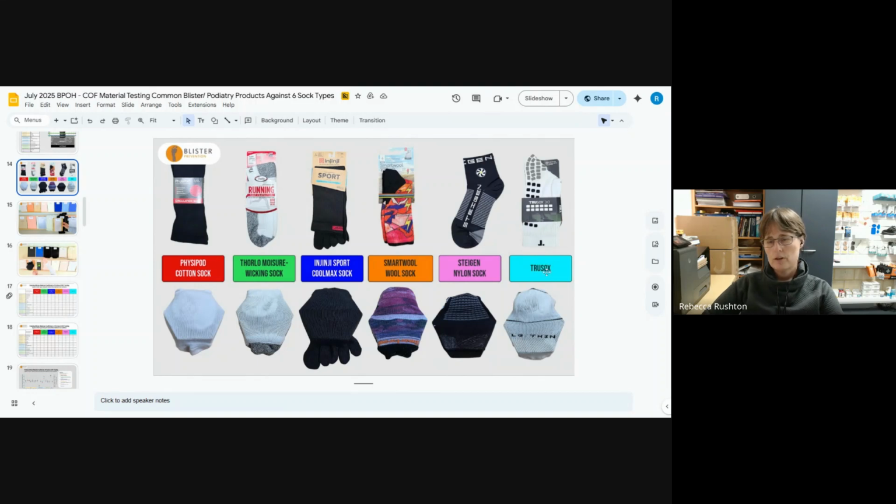And True Socks, don't know if you know about these, but these ones are built for high coefficient of friction. They're built for grip. They're used by soccer players, footy players, and netballers. And they have these little silicone rectangular bits both on the outside of the sock and also the inside of the sock. So it interfaces with the skin and the shoe surface. So really, really built for grip.